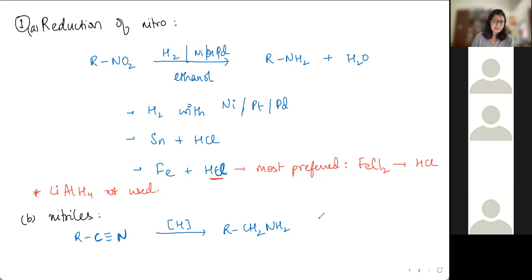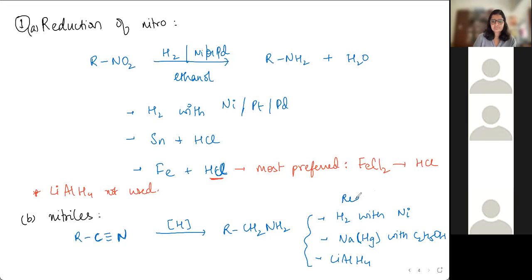The reagents in this case, again, you can use H2 catalyzed by nickel. You can also use sodium amalgam. Amalgams are basically alloys with mercury. So sodium mercury amalgam with ethyl alcohol. Another reagent, again, as always, LiAlH4. These are the reducing agents you can use.